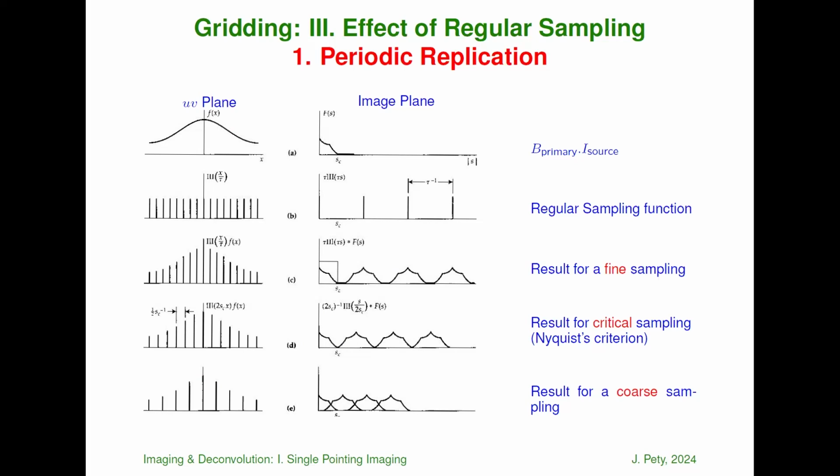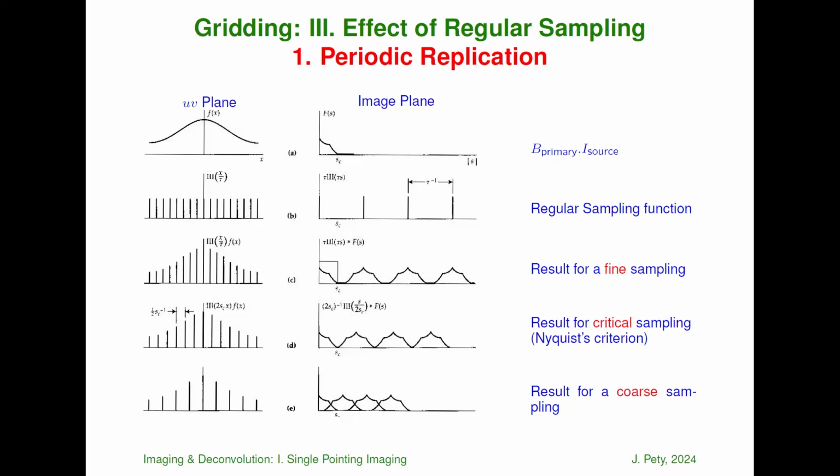Let's take in the UV plane a smooth function f. This is the Fourier transform of your intensity. In the image plane, you take the Fourier transform of it, and this gives you the intensity distribution. This is a strange source, but why not? On purpose, it goes to 0 at the edges. In fact, it's not exactly the source distribution, it's the product of the primary beam times the source distribution.